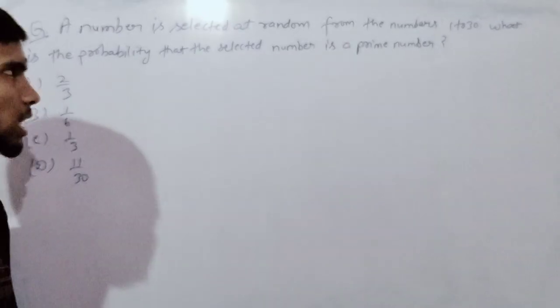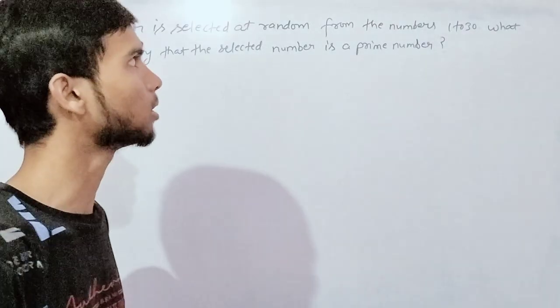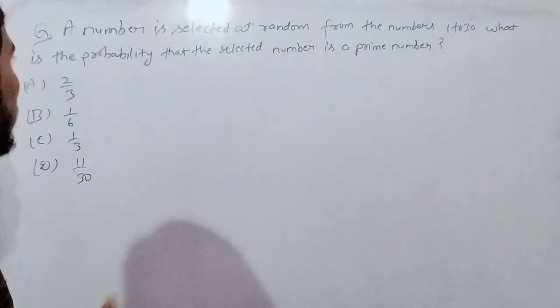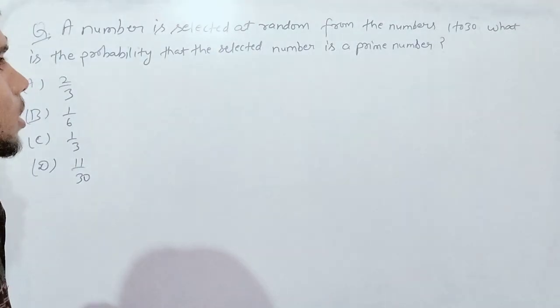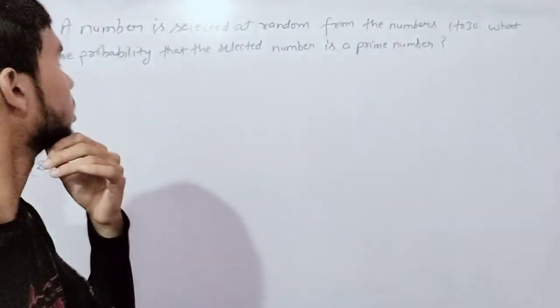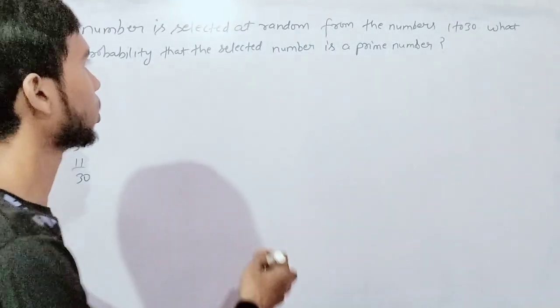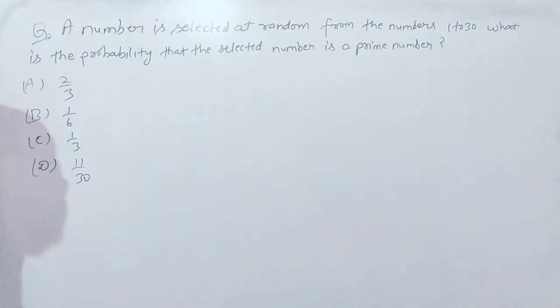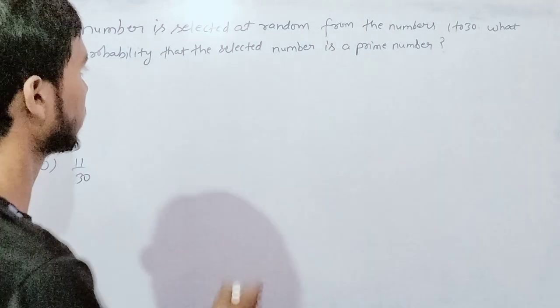A number is selected at random from the numbers between 1 to 30. What is the probability that the selected number is a prime number? So we will find the probability of a prime number between 1 to 30.